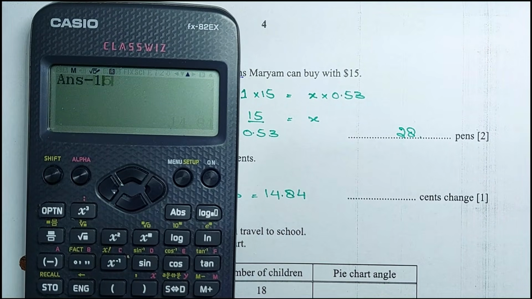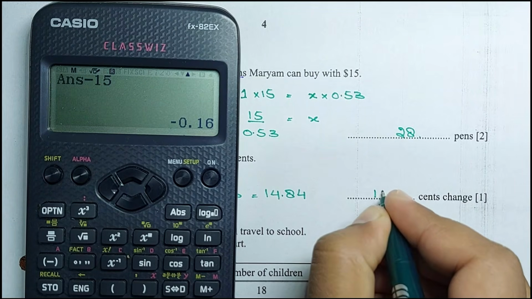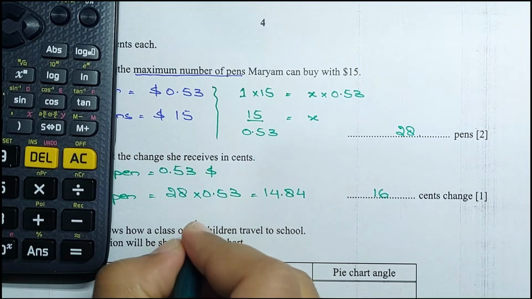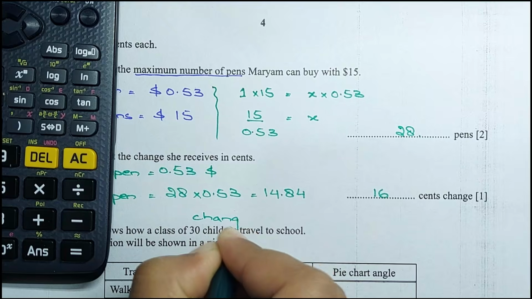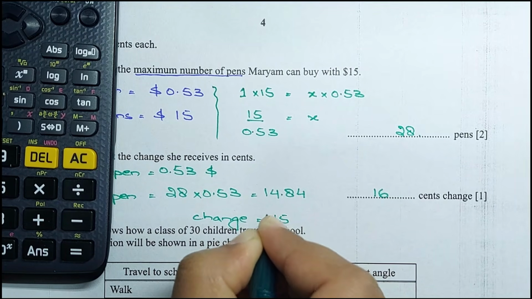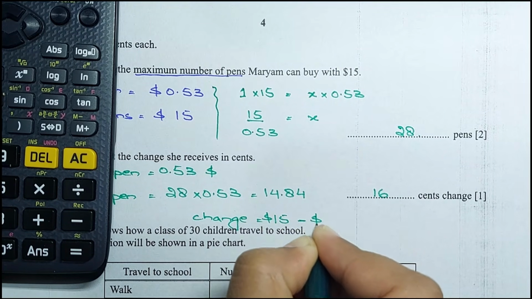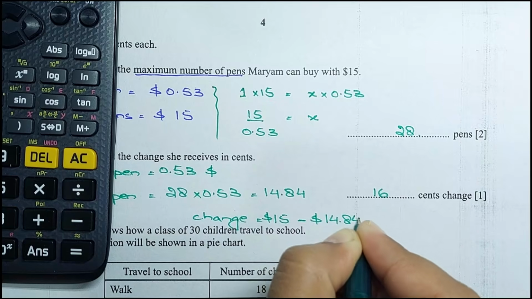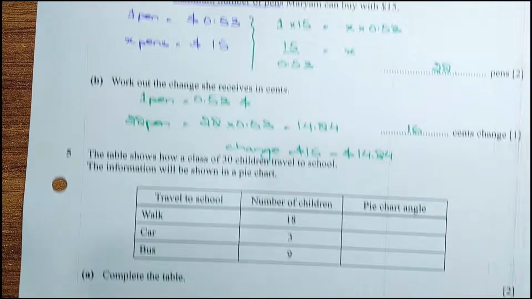Now subtract it from 15. To get the change, $15 subtract $14.84. So only 16 cents is the change.